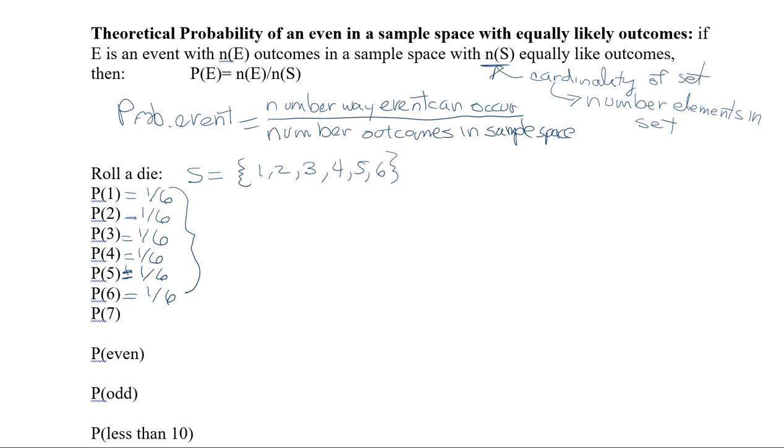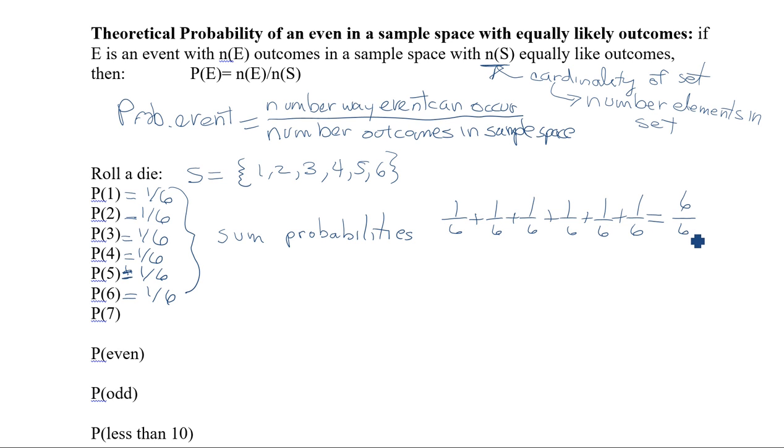Those are my single events. And if I look at the sum of the probabilities, like we said before, 1/6 plus 1/6 plus 1/6 plus 1/6 plus 1/6 plus 1/6, the sum of all of those single probabilities will always add to 1.